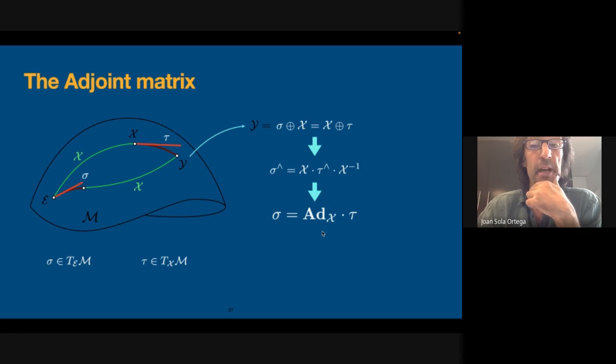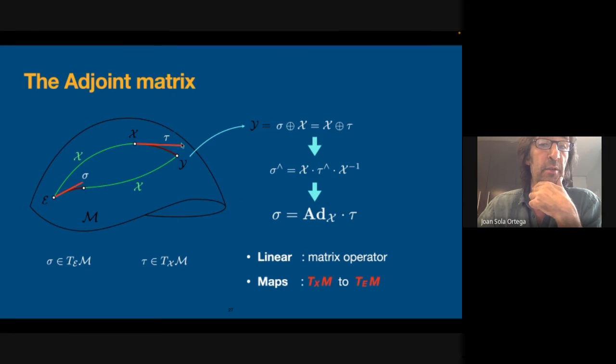Okay? And so this matrix is the adjoint matrix. It's a linear operator, and it maps elements tangent to M at the point X. So this element tau is tangent to M at the point X, and it maps it to tangents at the identity, sigma, so that you can compose on the left or on the right and get the same result.